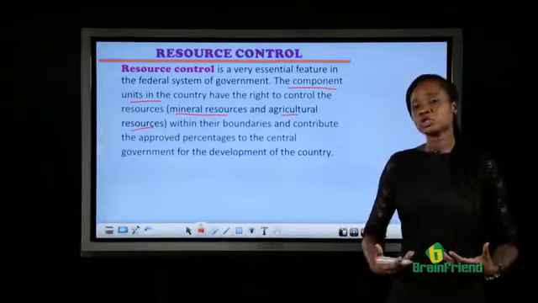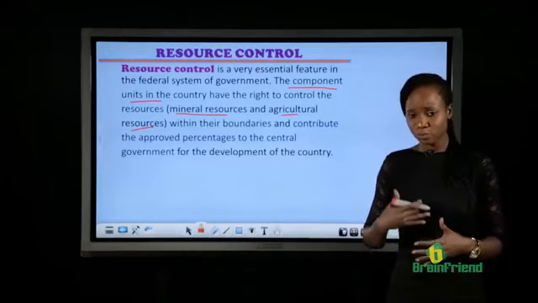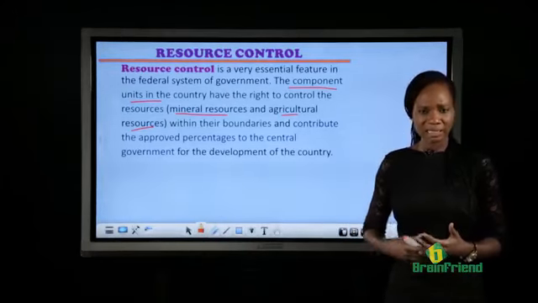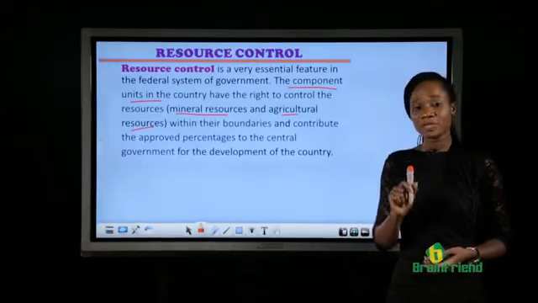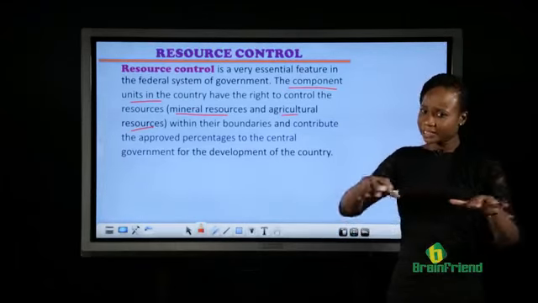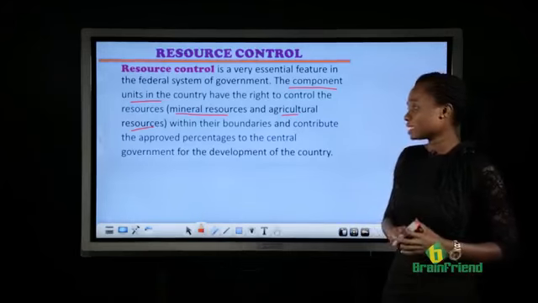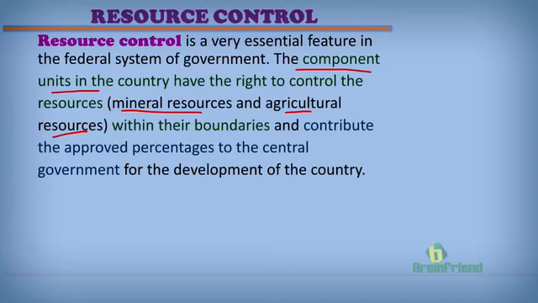Now, River State could actually bank on that, work on it, make wealth through it, and also use the wealth to develop their nation. Because now they have control over the resources that are prevalent in their land. But then, the way it is controlled is that these states or component units that have control over the resources will contribute a particular percentage, which is the approved percentage, and give to the central government, which will further use it to develop the country.